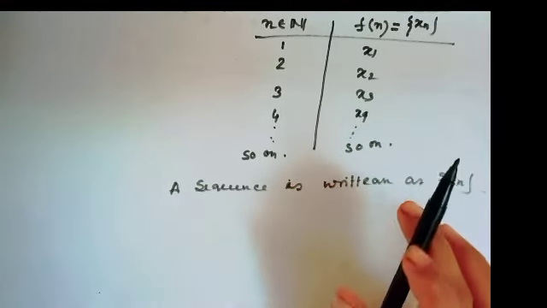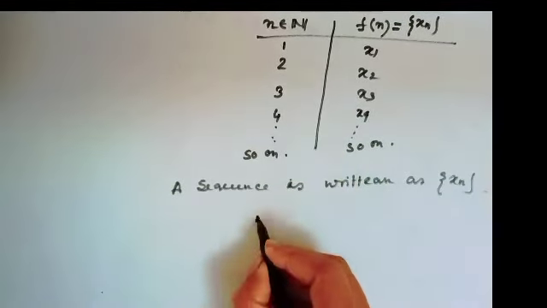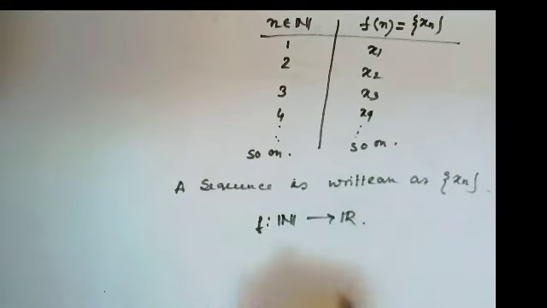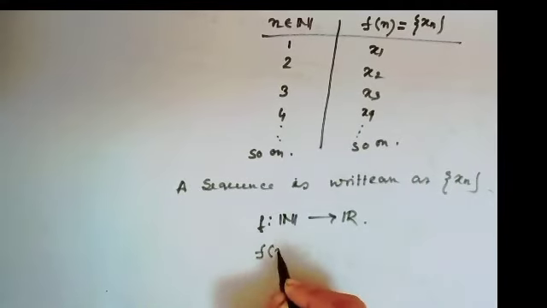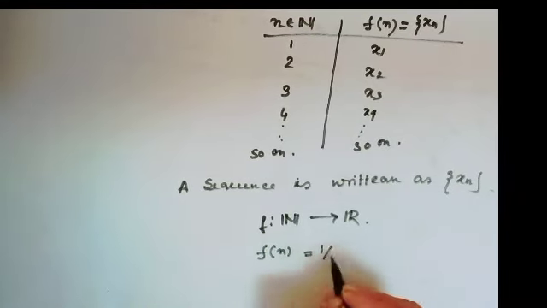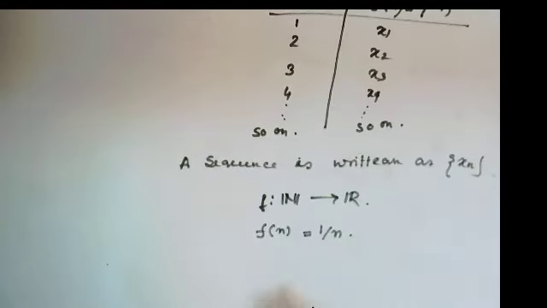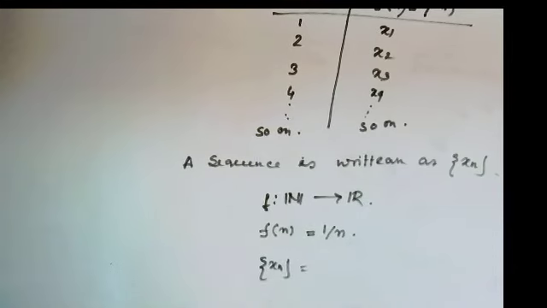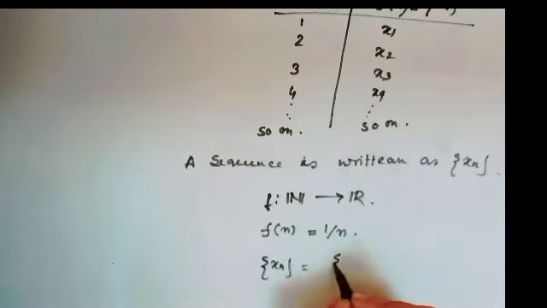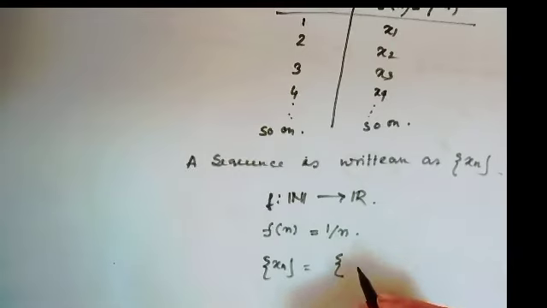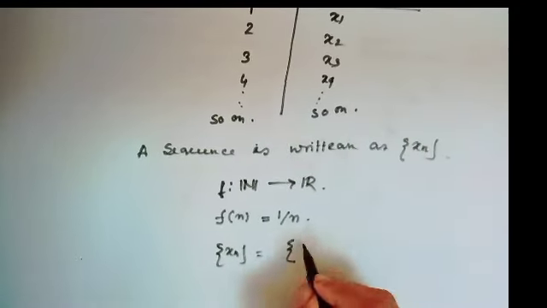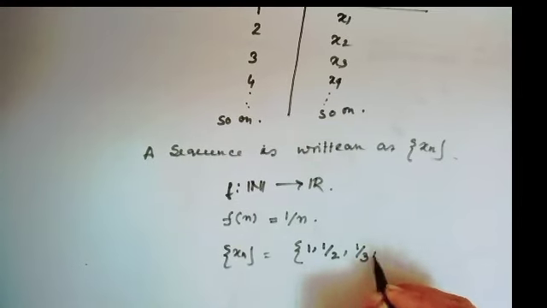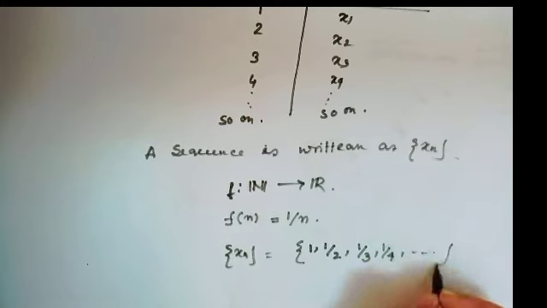Let's see some examples. A function from natural numbers to R such that f(n) equal to 1 over n. Then the sequence is x_n equal to 1, 1 over 2, 1 over 3, 1 over 4, and so on.